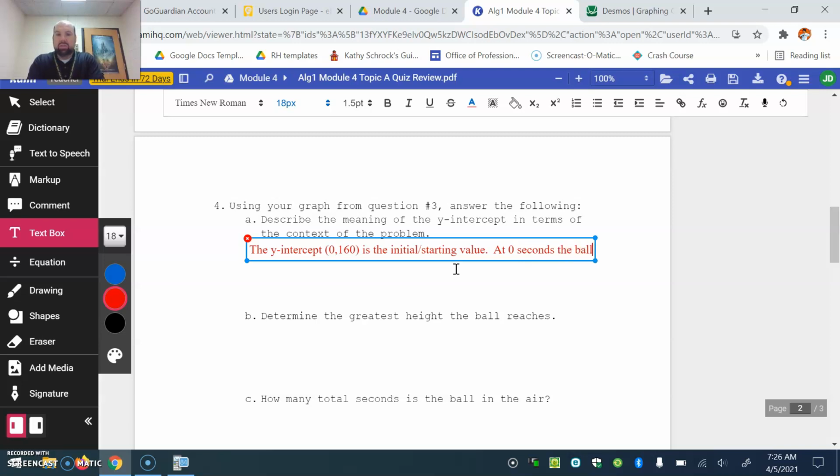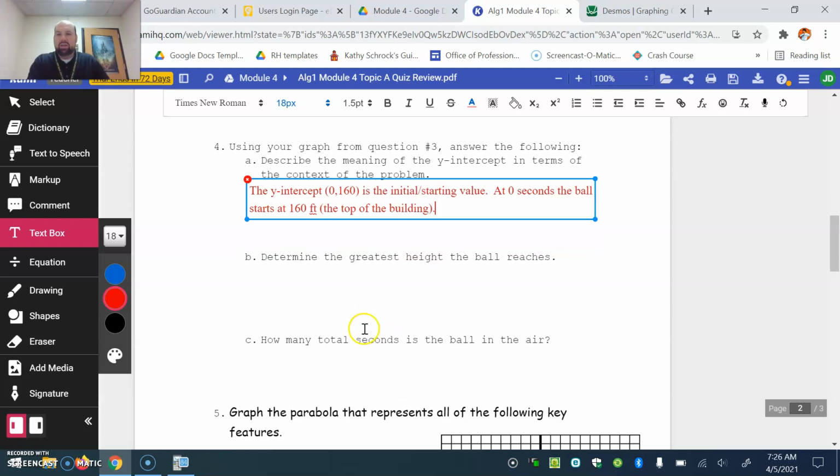The ball starts at 160 feet. In other words, that's the top of the building. Remember, the original problem, they were starting with the ball launcher on top of the building.